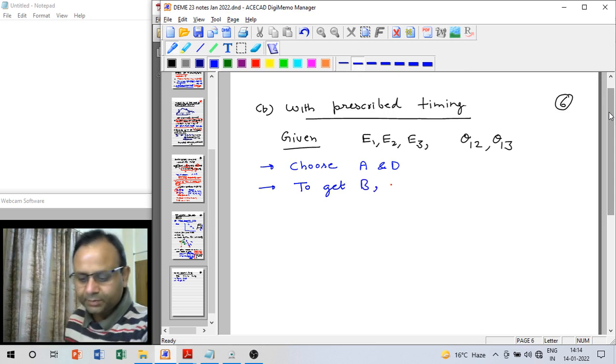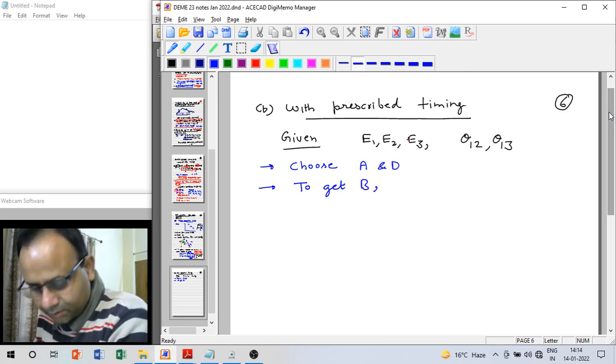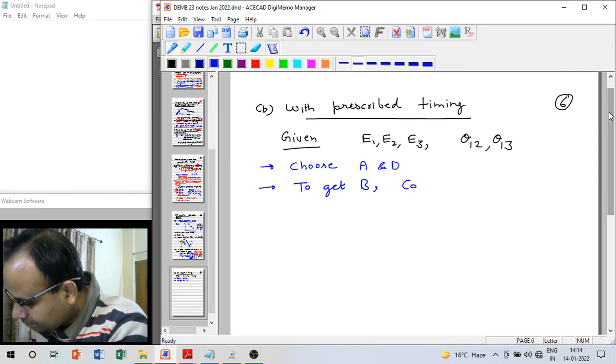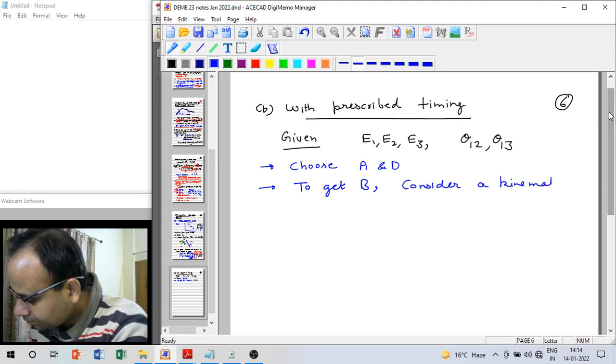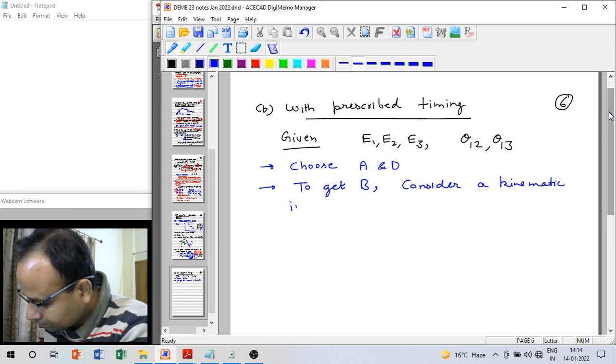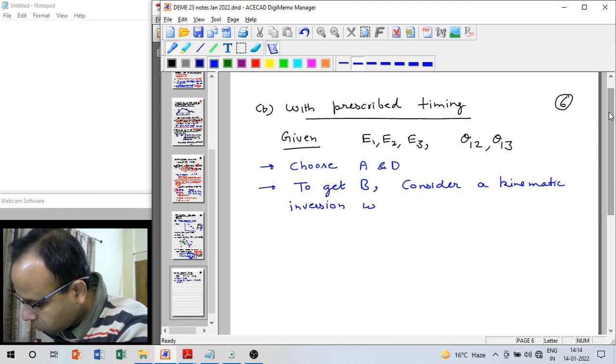To get B, we have to consider a kinematic inversion with the input link fixed.